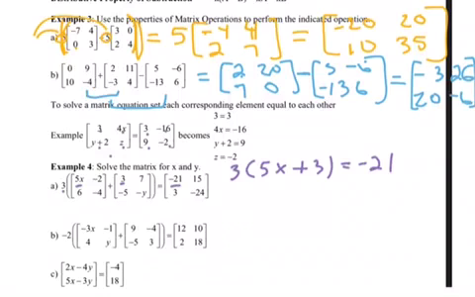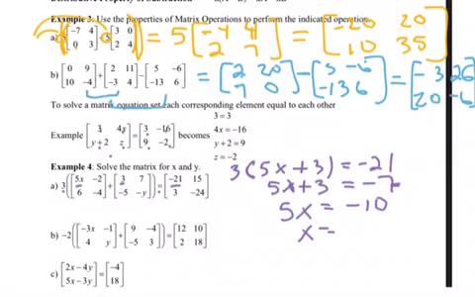That 3 times only applies to the left side of the equal sign. So you can either multiply the 3 through by distributing, or I can just divide both sides by 3, so that leaves me with 5x plus 3 equals negative 7. Then when I solve for x, I subtract 3 from both sides, which gives me negative 10, divide by 5, and I get x equals negative 2.